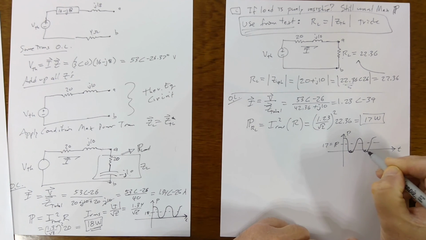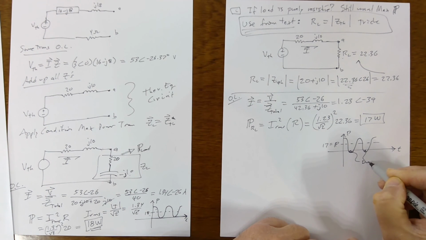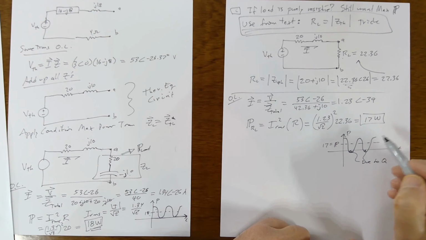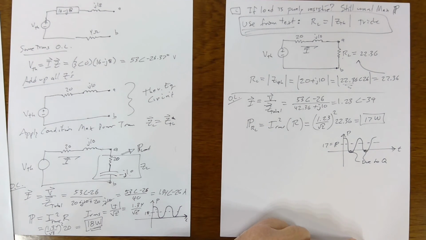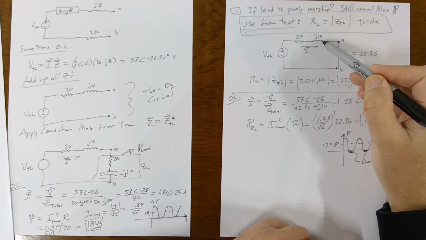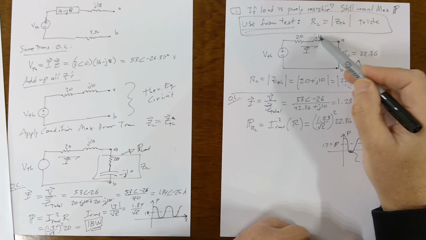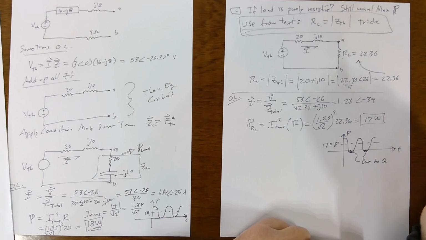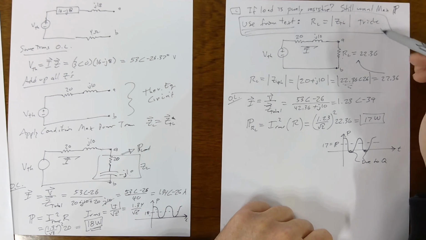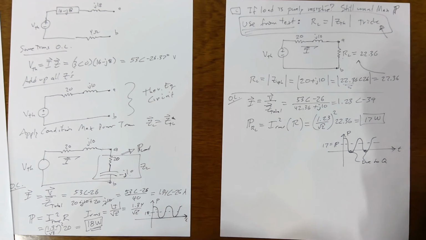So this stuff in here is due to reactance. And we're sort of wasting. The system's not running that efficiently. We're sending power back and forth because some of it's getting sort of hung up in this inductor. All right, so some concepts, some trick things. It's a good problem.